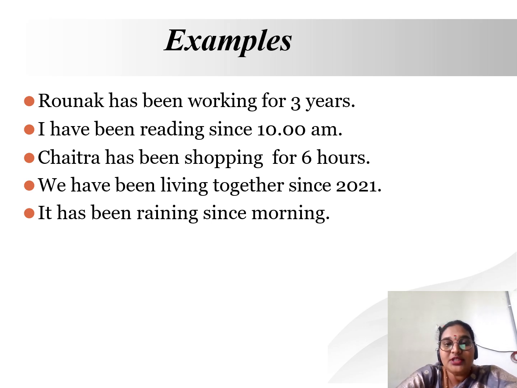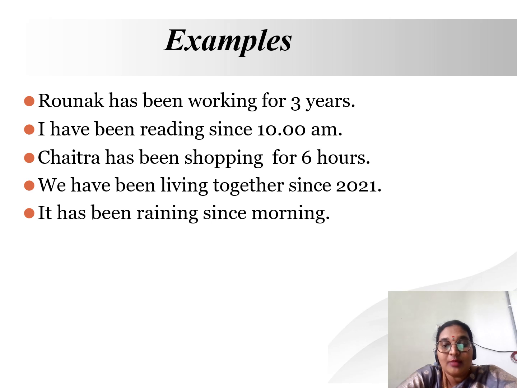So if you can take all these sentences, we can observe one thing, that we are mentioning either the point of time or period of time. So if you want to mention the point of time, you can take the help of the preposition since, and if you want to express the period of time, you can take the help of preposition for. So these two will come in present perfect continuous tense.